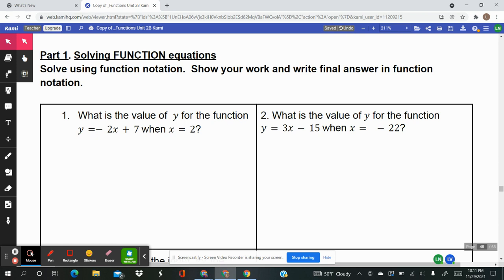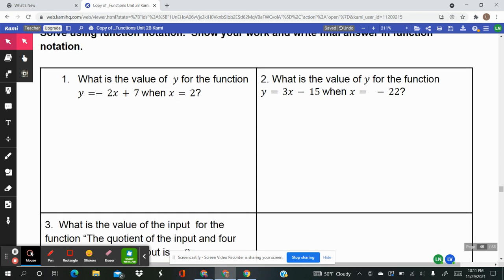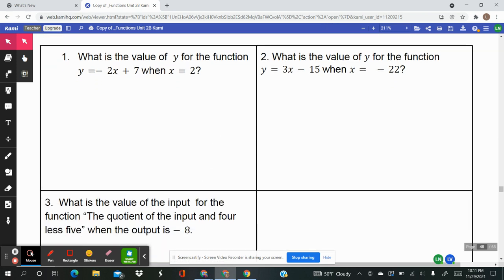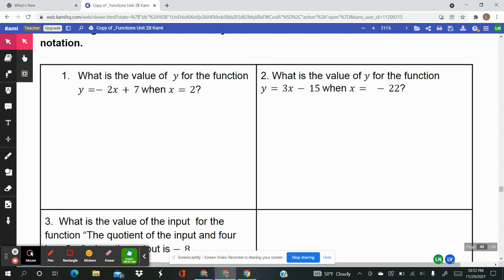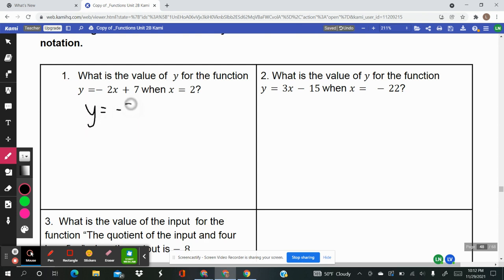What is the value of y for the function y equals negative 2x plus 7 when x equals 2? Well, we're going to take our function of y equals negative 2x plus 7, and instead of putting in an x, I'm going to take the number 2 and plug that in.